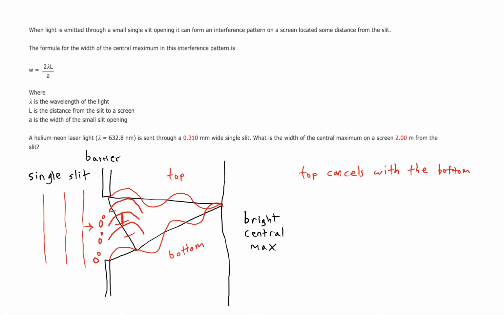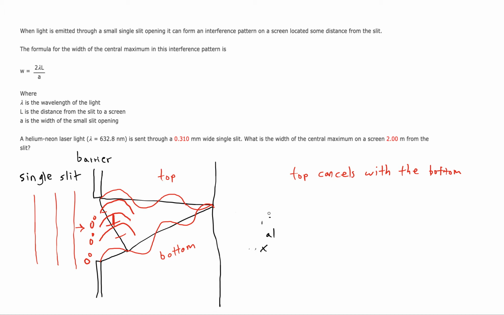Okay. What we'll get is we'll get a max. Like, we'll get a bright fringe here. But notice that it is a bright fringe when the path difference is lambda over 2.